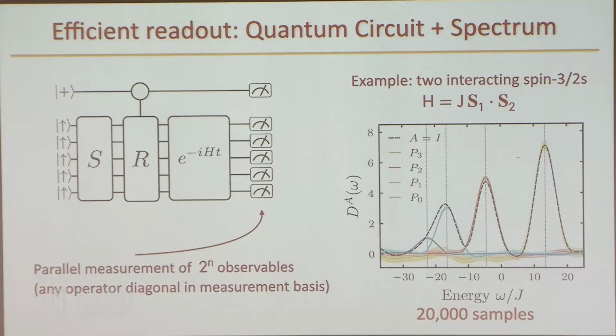And if we choose this A to be just the unit vector, then we get just the spectrum, and the spectrum is this black broken line here. This is basically what one would see if one would measure a molecule of that type experimentally.